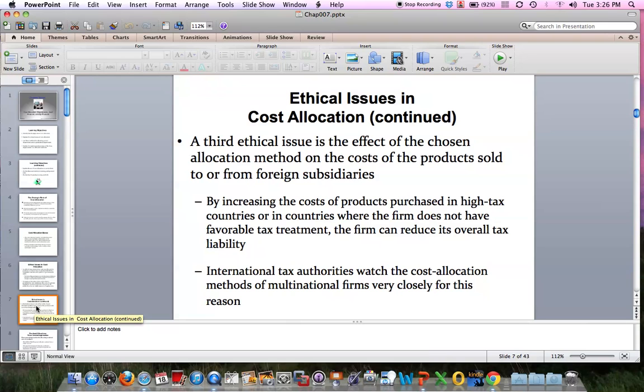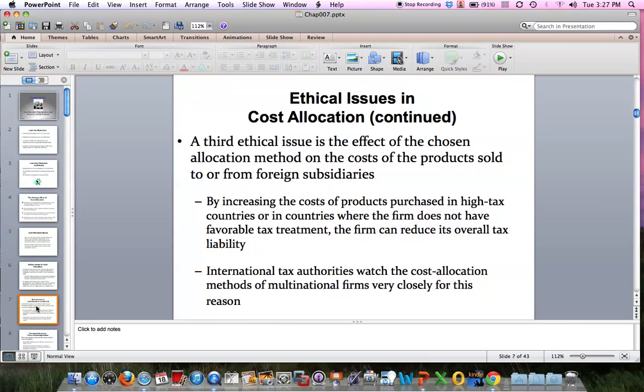Some other ethical issues involving costing is tax treatment, and basically when we're selling overseas. Increasing costs of products purchased in high tax countries or countries where the firm does not have favorable tax treatment, by increasing those costs, those products sold overseas in high tax countries, you can get some tax benefits.